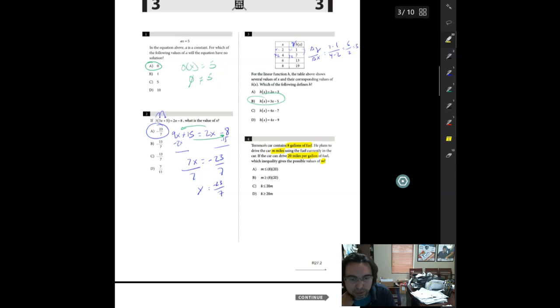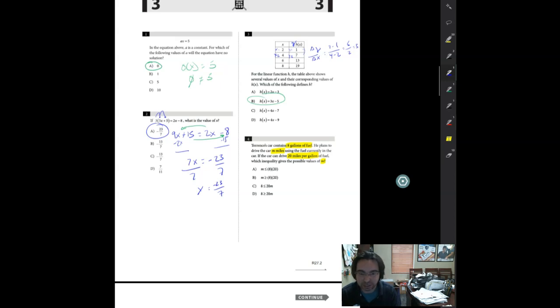If you think about this, really what's going on is that we have a gas tank and we get 20 miles per gallon for each gallon that we put into the gas tank, and we have 8 gallons of fuel. So how far can we potentially drive? Well, we cannot drive a number of miles that exceeds what's in the gas tank.